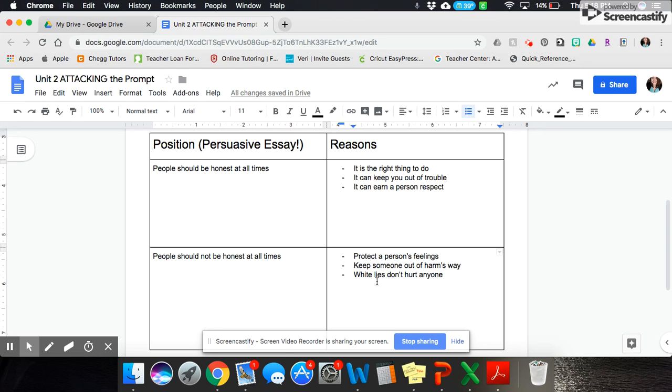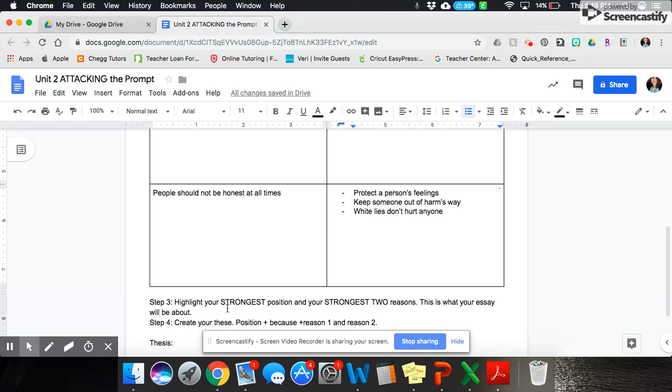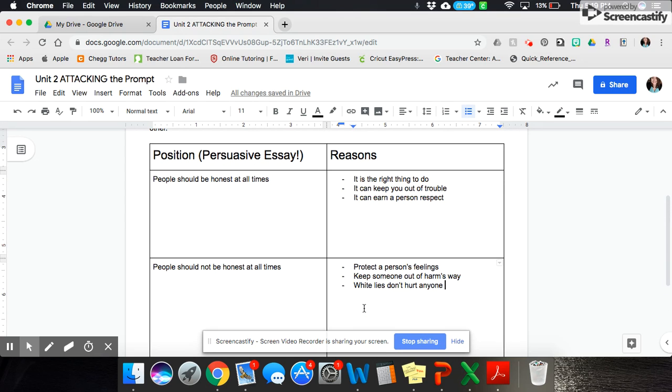All right. So now that we've completed step 2, we're going to move on to step 3. Step 3 says highlight your strongest position and your strongest 2 reasons. So if you look up here, we have position and reasons. So we're going to highlight one of these. Which side do I feel more strongly about?